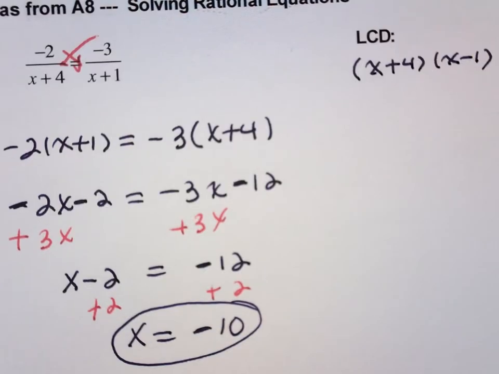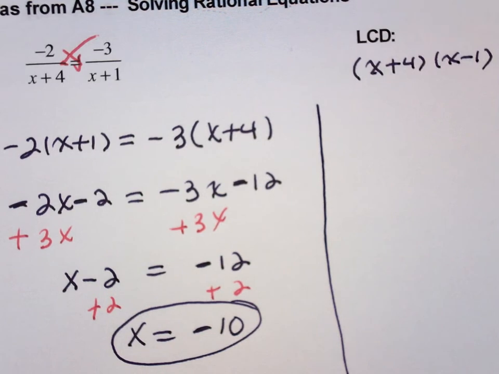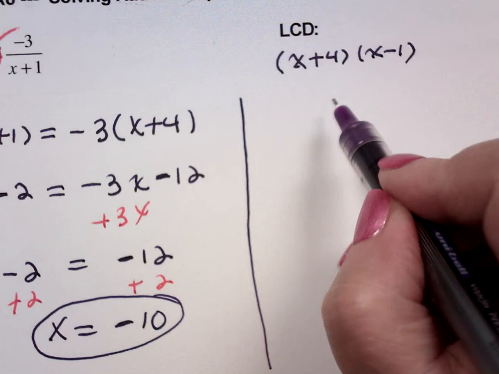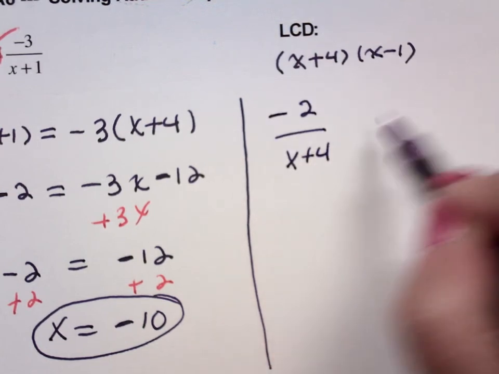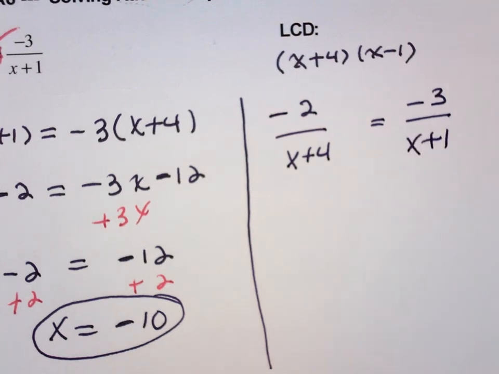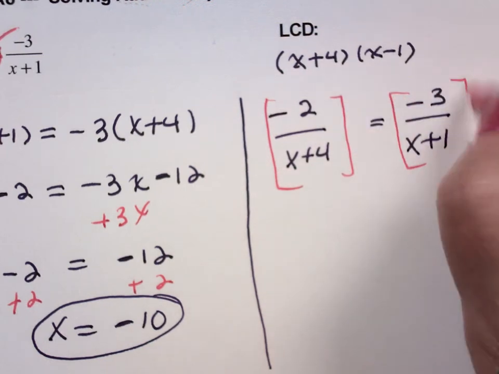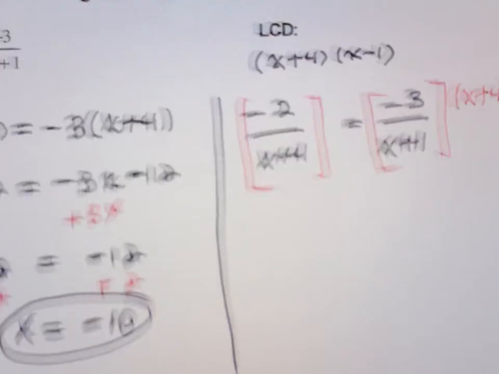So if you took -2 over x plus 4 equals -3 over x plus 1, that's what I'm going to do with the next problem, and you multiply both sides by the common denominator.